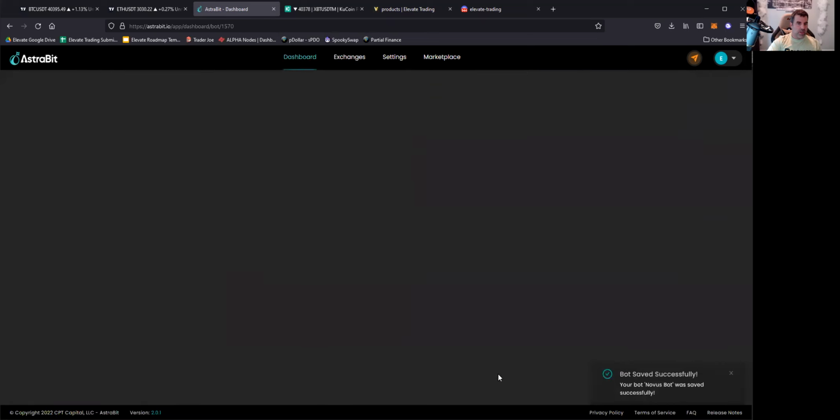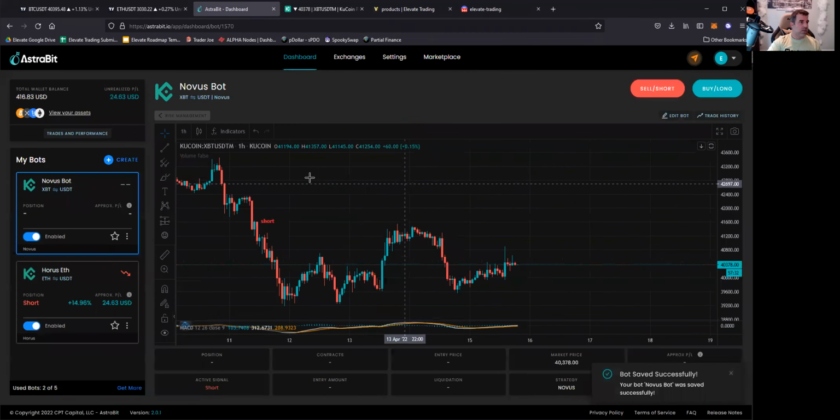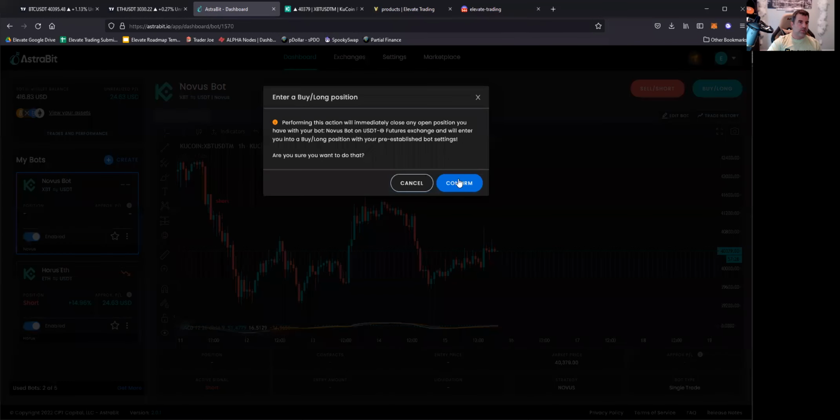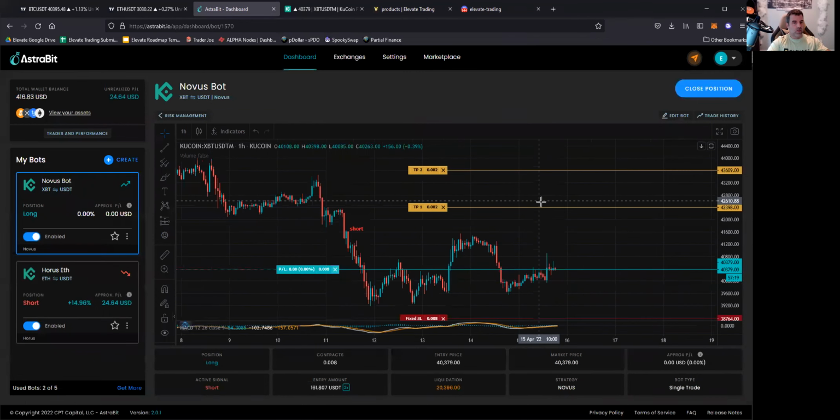So we'll just hit the edit bot button, and it says down here, my bot is successfully saved. Now my settings are saved, so let me manually put it in a long. Now we see that my position is long, and my percent and dollar value are already set here.